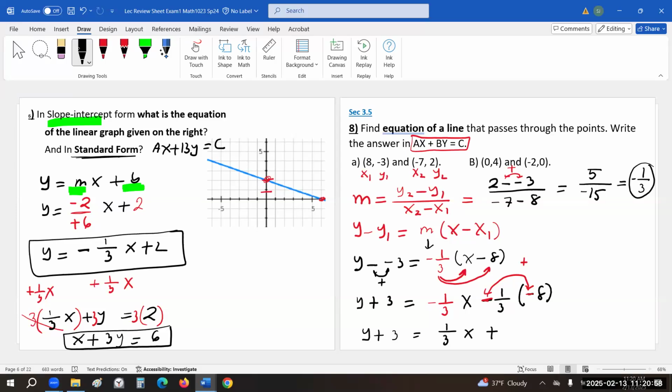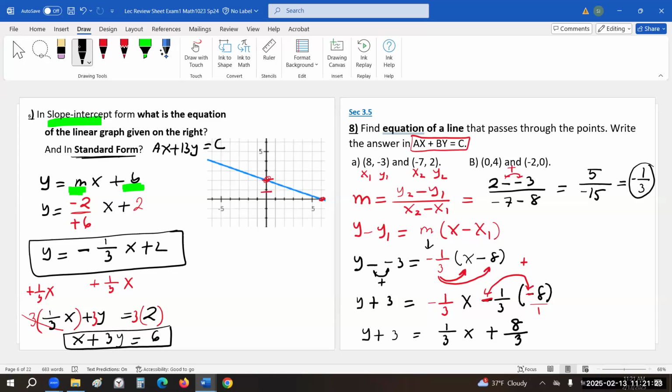And then how do you multiply a fraction with a whole number? Do you multiply both top and bottom or only the top? Only the top, because below we have the invisible one. So what is 1 times 8? 8. And on the denominator we have 3.